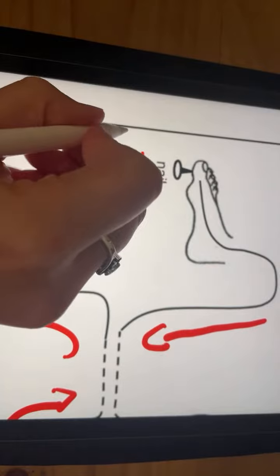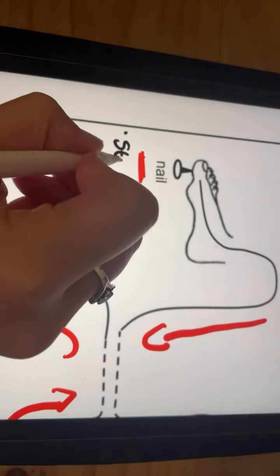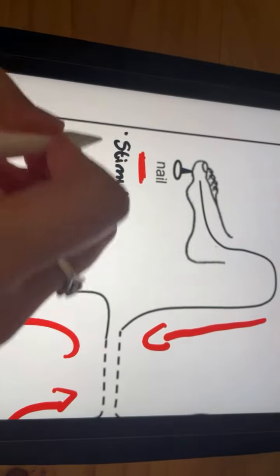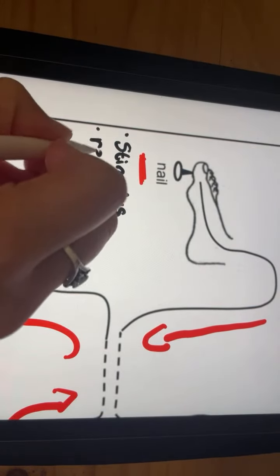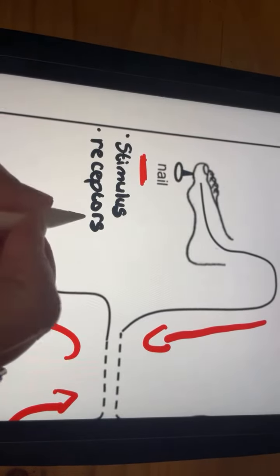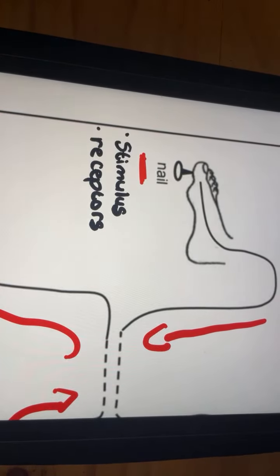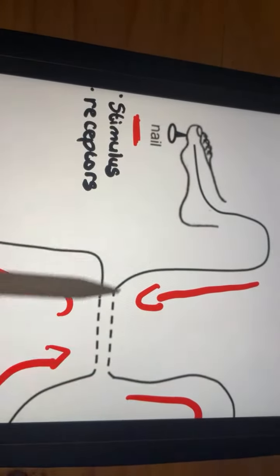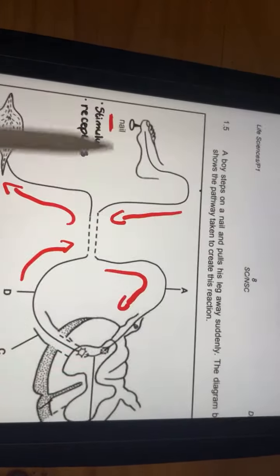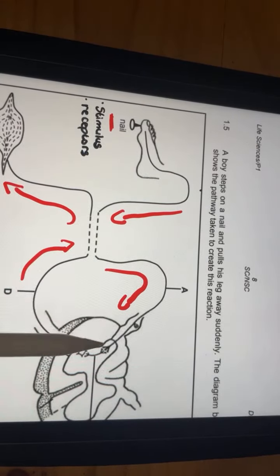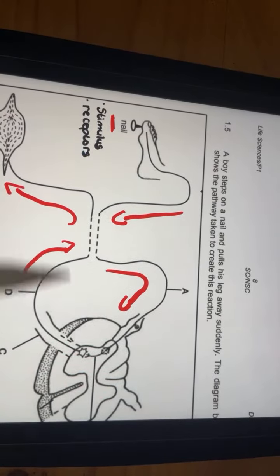So first things first, you feel a stimulus in your foot. That's what you're feeling here. And you have receptors that feel that pain. They are the ones that interpret the stimulus and they send it along this neuron, this very first one over here. Now, this neuron over here is a sensory neuron.